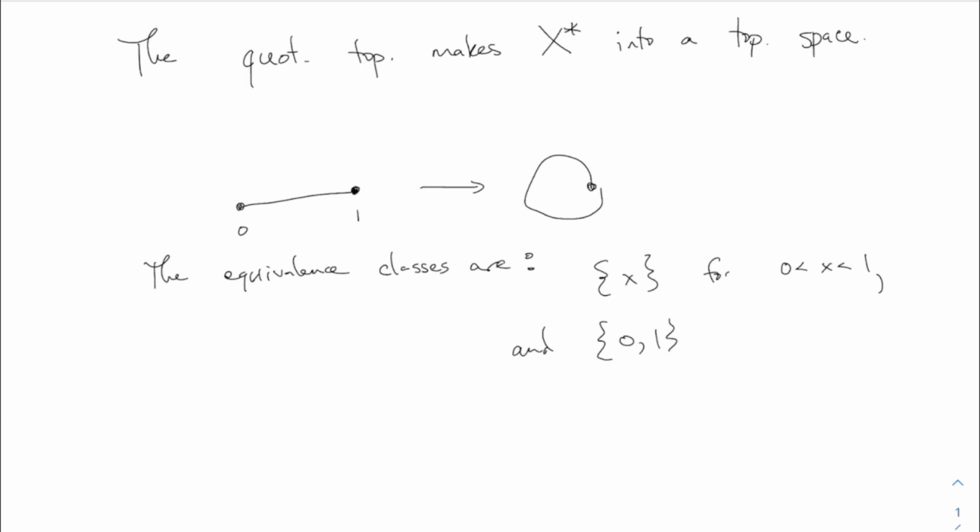It's the same idea, although it's not important to understand that if you don't understand quotient groups, but it is the same idea, which is why we use the word quotient for it. All right, that's the standard, easiest example: when you identify the two endpoints of the interval and you get a circle.